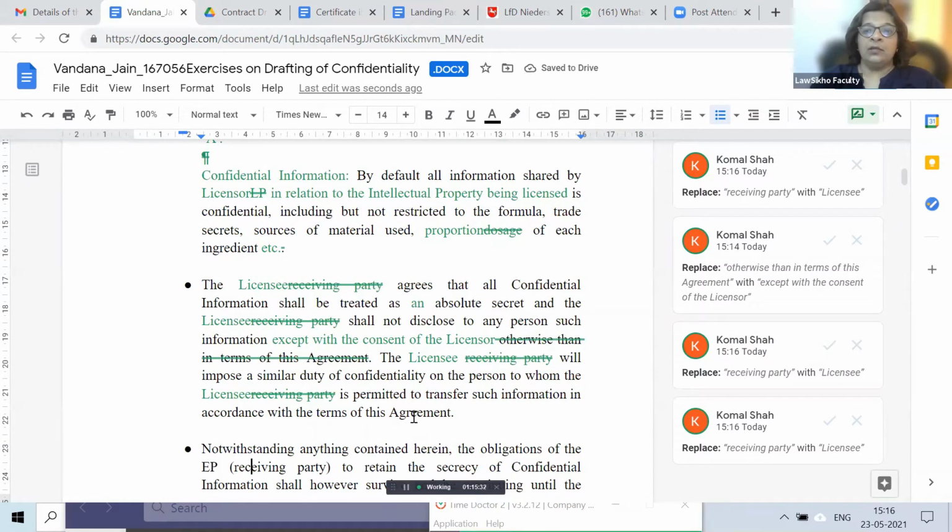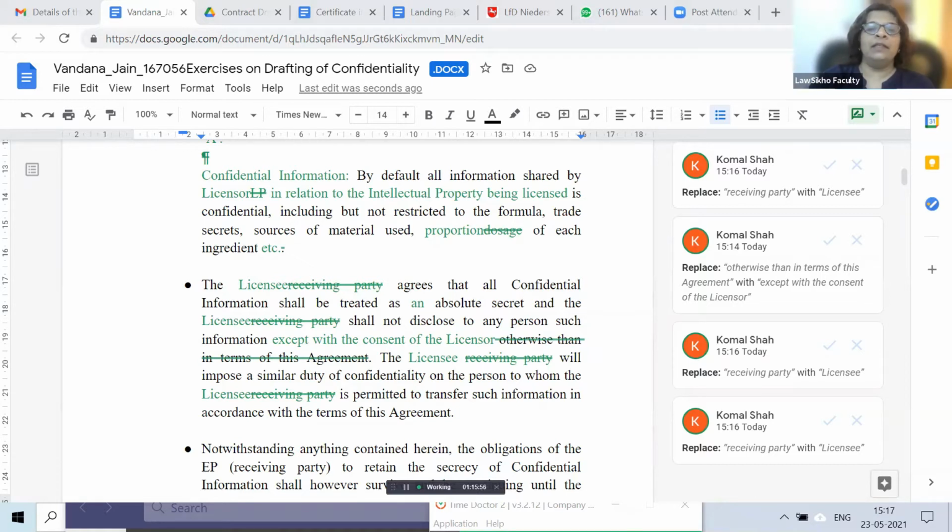So, Vandana, are you seeing here? Is Vandana here? Yes, ma'am. So, Vandana, see, you have used alternate and different terms for the same party in drafting the clause. Here you have written receiving party. Here you have written LP, then in brackets receiving party.